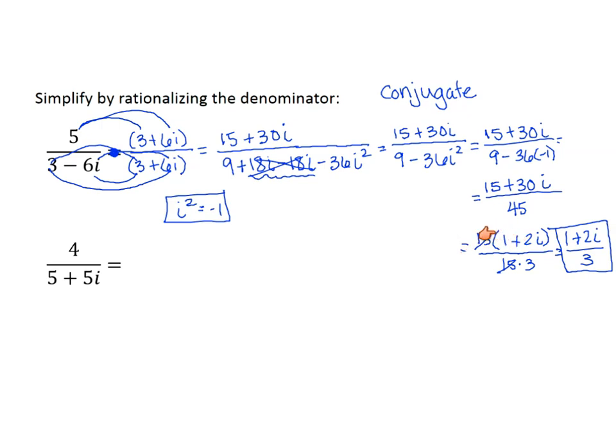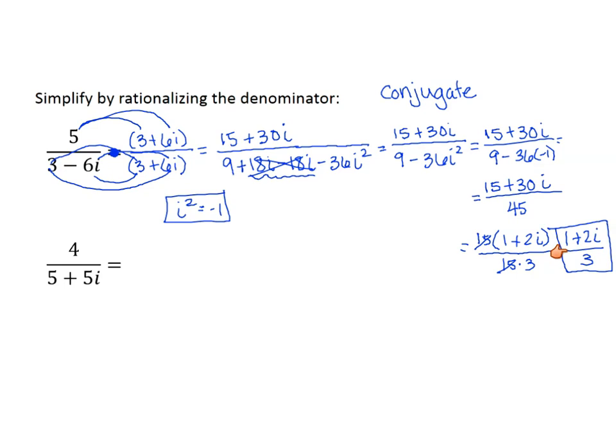The way that you can check to make sure you factored out properly is if I distribute this back in, I would get this. So 15 times 1 is 15. 15 times 2i is 30i. So I just factored it out. And then I also factored out a 15 on the bottom so that I could cancel my 15s, because 15 over 15 is just 1. And that's what I was left with.